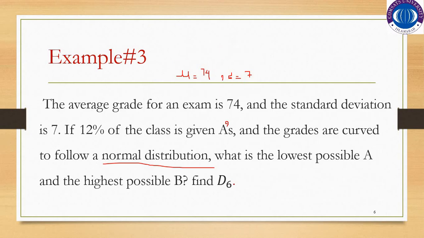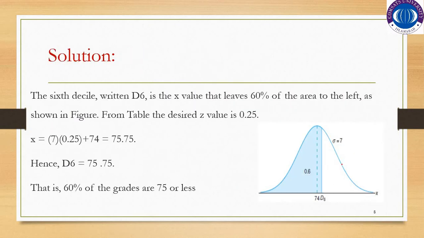Further, you have to find the D6. D represents the deciles. Deciles divide the data set into 10 equal parts, and we have deciles from D1 to D9. D1 is the point which has 10% area below it.